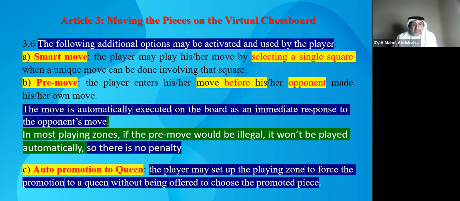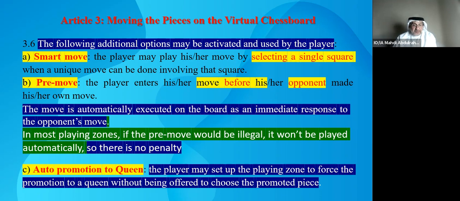Auto promotion to queen. So the third one is auto promotion to queen. Also, this is a danger. It is the player's responsibility to make it active or not, because sometimes when the pawn reaches the farthest square you have to change the pawn to a queen or any other piece.